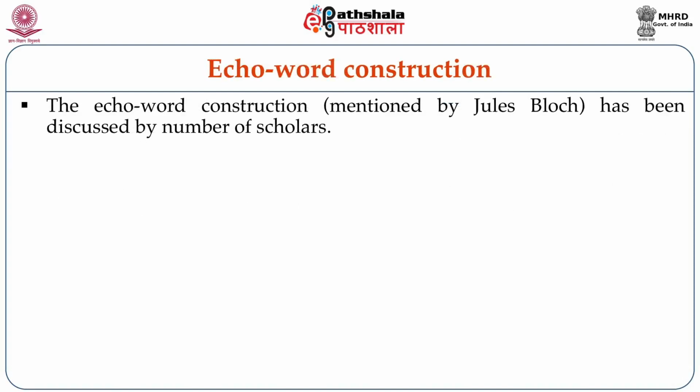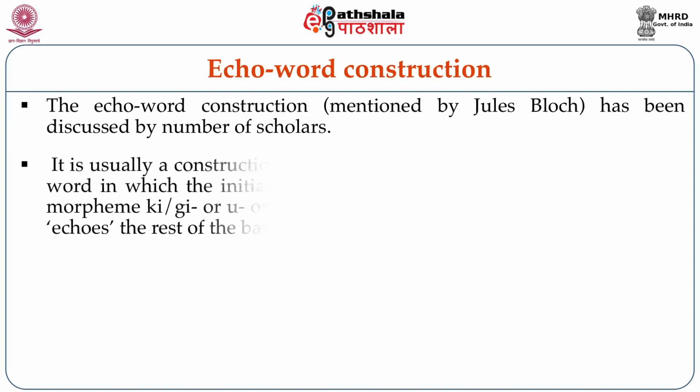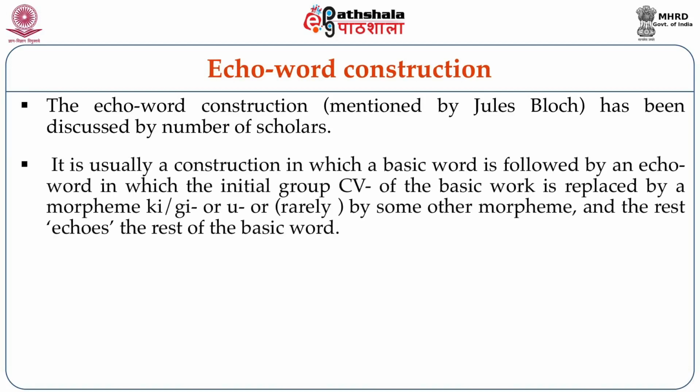The echo word construction mentioned by Jules Bloch has been discussed by a number of scholars. It is usually a construction in which a basic word is followed by an echo word in which the initial group CV of the basic word is replaced by a morpheme ki or gi or u, or rarely by some other morpheme, and the rest echoes the rest of the basic word.